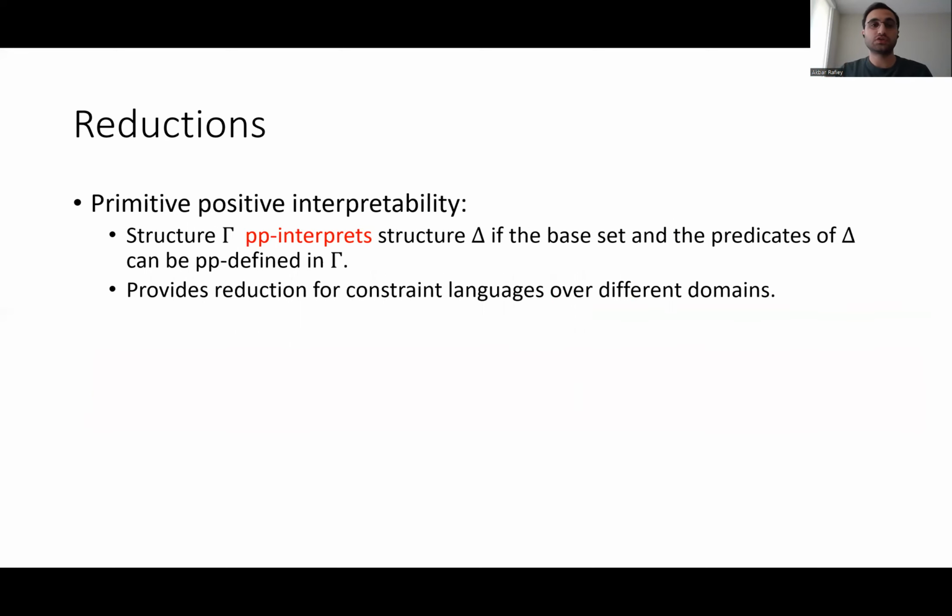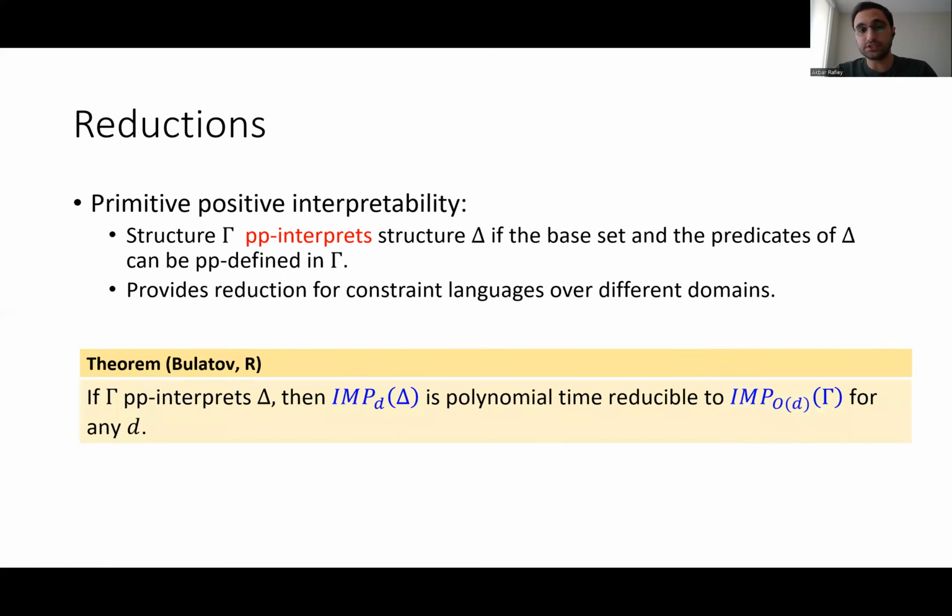And there is an even stronger notion of reduction between constraint languages over different domains, called pp-interpretability, or pp-interpretation. It says that I can find a mapping between the elements of these two domains, and after using this mapping, the relations of one language can be expressed using the relations of the other language, again by means of pp-definitions. Then there is a polynomial-time reduction between the corresponding IMPs.